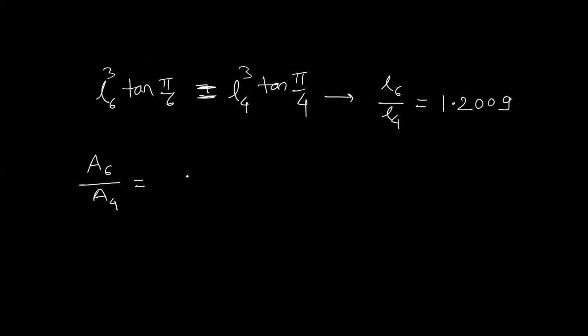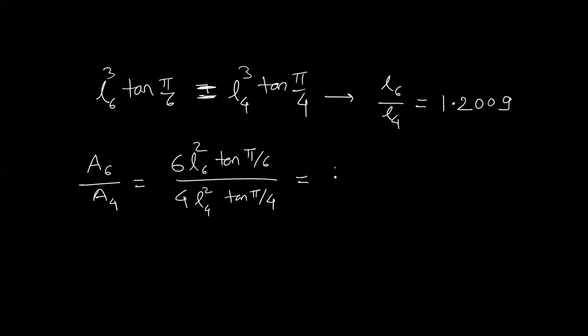So it is basically 6 times L6 square tan pi by 6 divided by 4 times L4 square tan pi by 4. We have the ratio L6 by L4, substitute here and we can calculate it. That value turns out to be 1.25. That means when we use 6 feeders, 25% extra area can be electrified. So that insight we got from this kind of analysis.